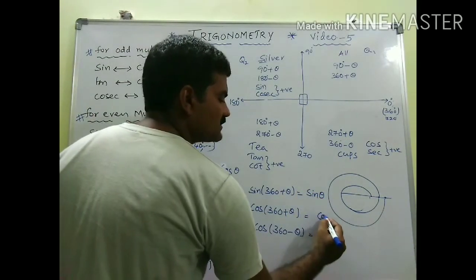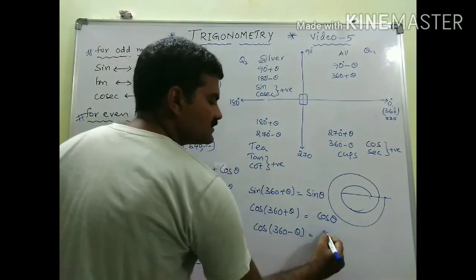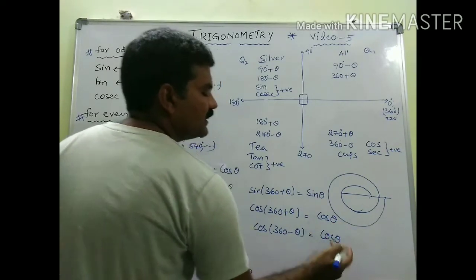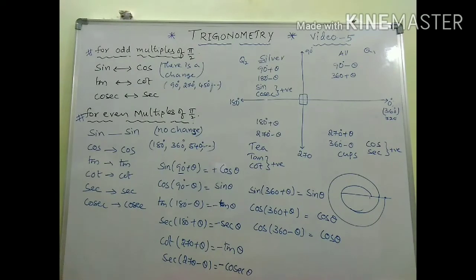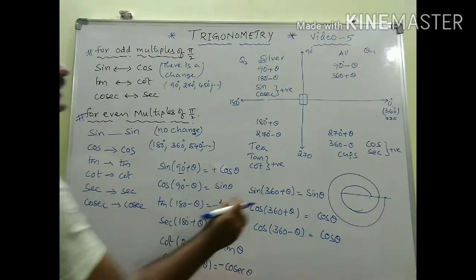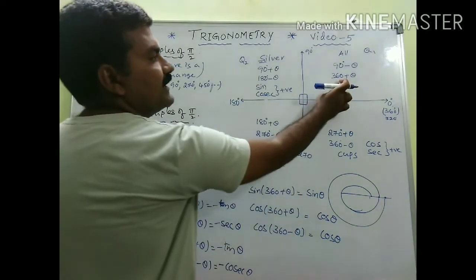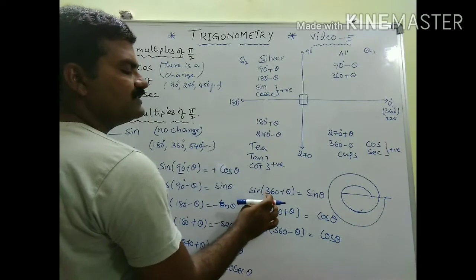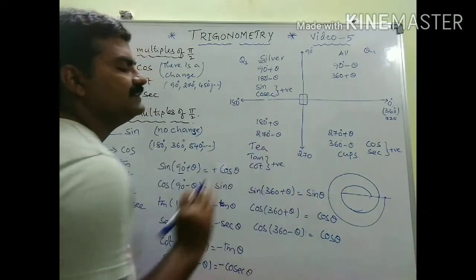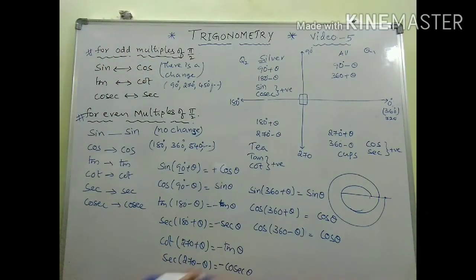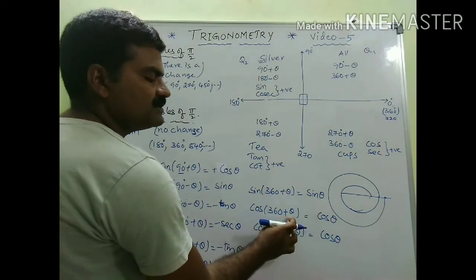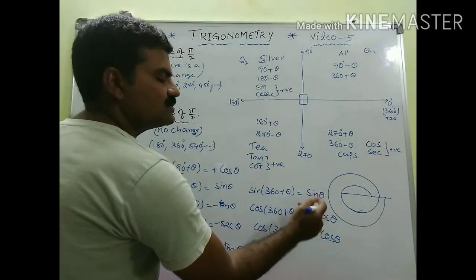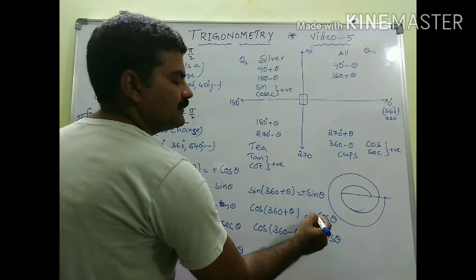Cos is cos theta. And this is also cos theta. Now the second step is to check whether they are positive or negative. 360 plus theta is first quadrant, where all are positive. Means sine of 360 plus theta is plus sine theta, and cos is plus cos theta.